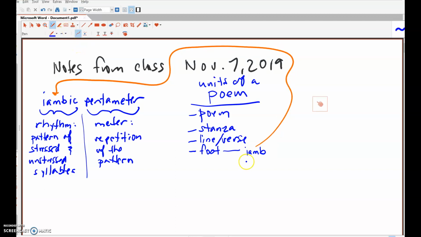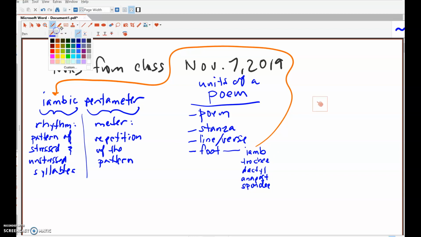For instance, there are trochees, there are dactyls, there are anapests, there are spondees. So there's all different types of feet, and they correspond to different rhythmic patterns.